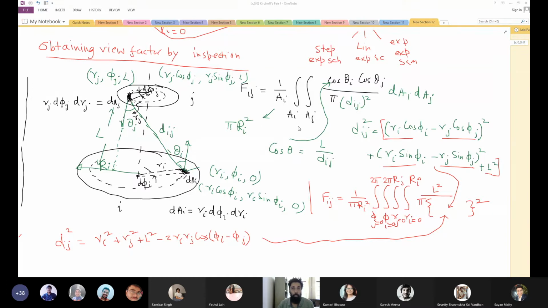So solve problem number 3, which says that two parallel black plates, that's a black body, their area is given 0.5 meter by 1 meter. They are spaced 0.5 meter apart. One plate is maintained at 1000 degrees centigrade and the other is at 500 degrees centigrade. What is the net radiation heat exchange between the two plates?